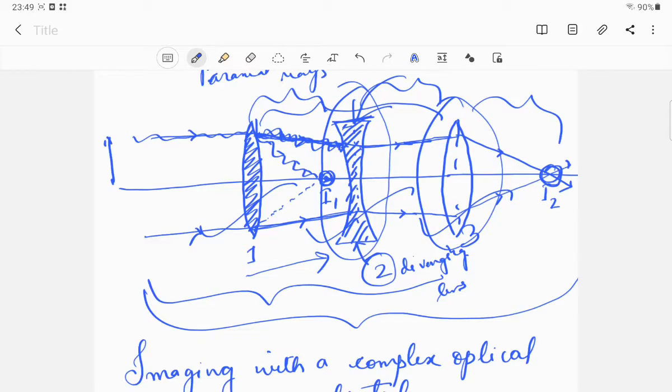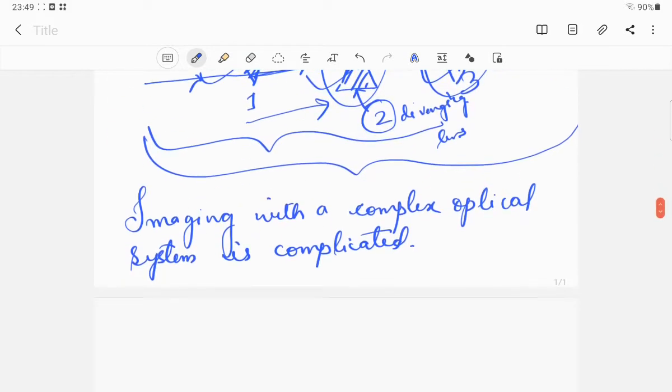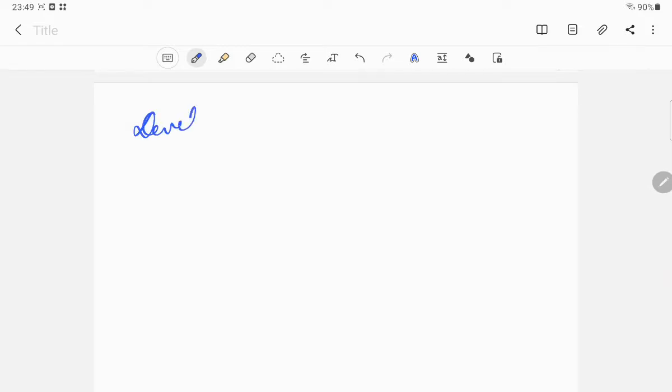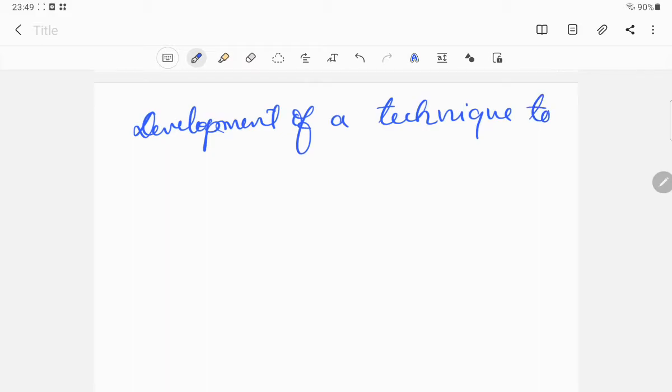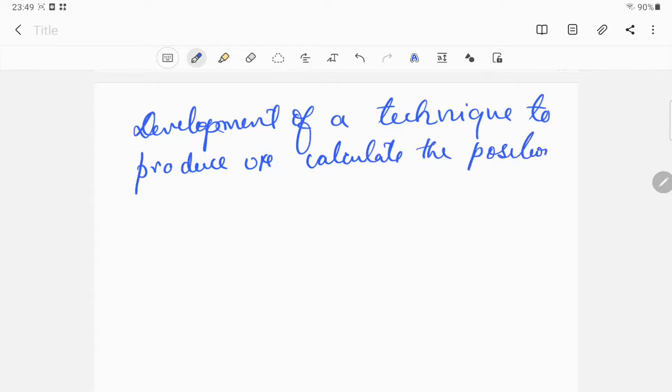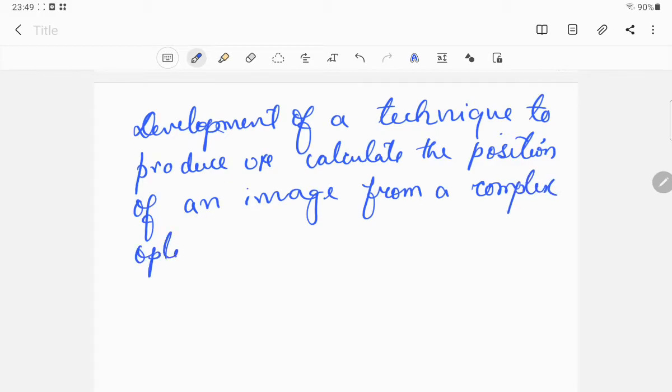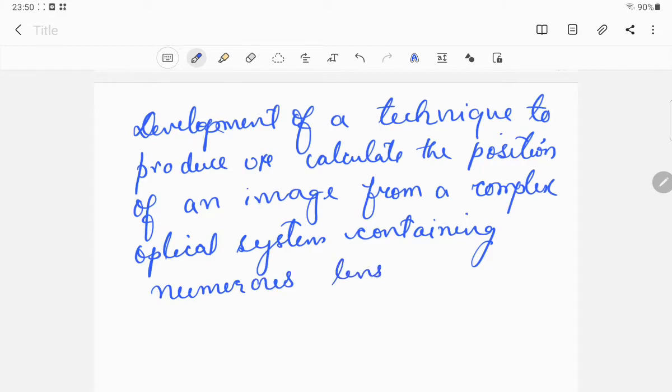So there is a requirement of developing a technique for obtaining the image, a technique to calculate the position of an image from a complex optical system containing numerous lenses.